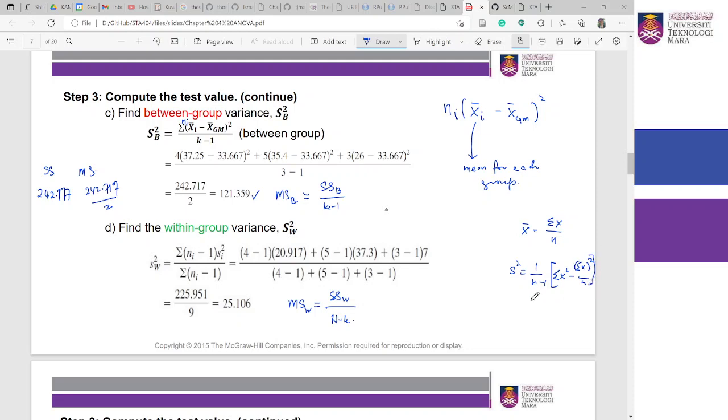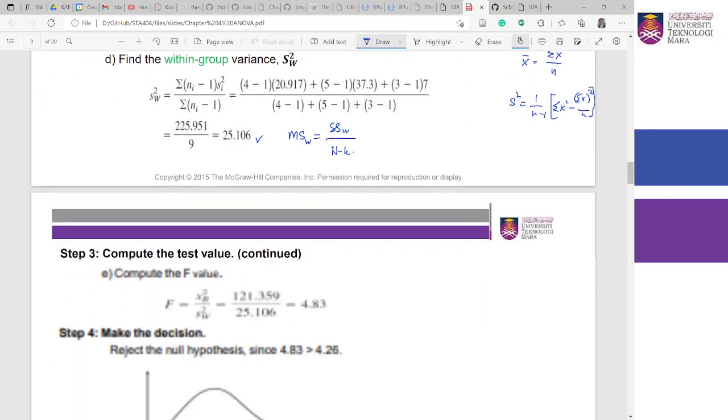So you have to use this formula to get the si squared. So using the si squared, you calculate the SSW, divided by the degrees of freedom, you get the MSW.